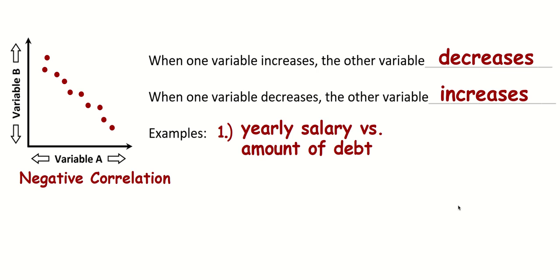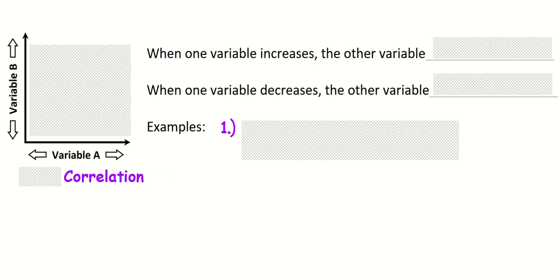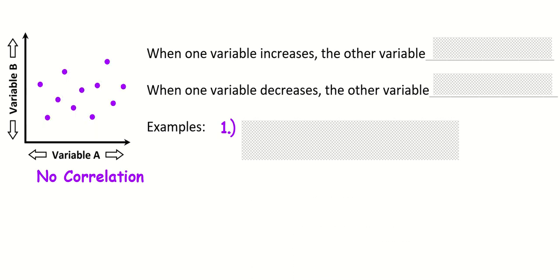So the faster you drive to Florida, the less time it's going to take, and if your driving speed overall goes down, then your overall time goes up. You know what I mean? Even though that might make a perfectly straight line, not a scattered bunch of dots, but anyway, you get the idea. But then we also have no correlation.